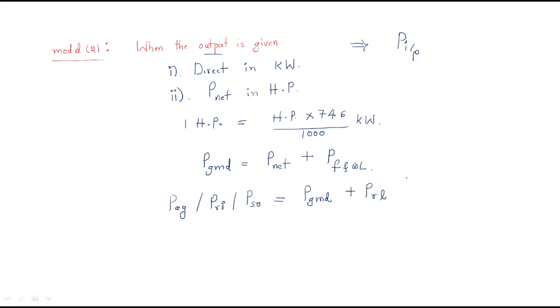Okay, so you should find the gross mechanical power directly. Sometimes the rotor loss is not given and is not mentioned; no problem at all. You know the relation between the air gap power and the gross mechanical power developed, that is 1 minus s.